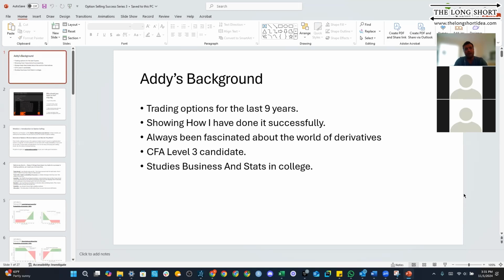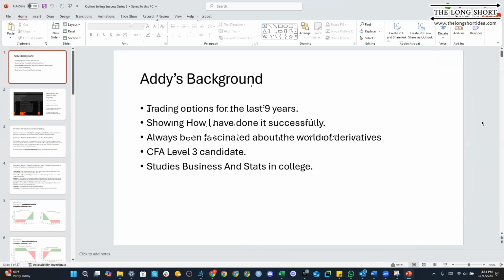I started trading not just the underlying equity or ETF options, but futures options, and I found there's a lot more benefit in trading futures options because of the leverage we get and the less buying power involved. You get a good bang for your buck in the futures options market, because we're not putting down as much capital as we are in the equity and ETF markets.